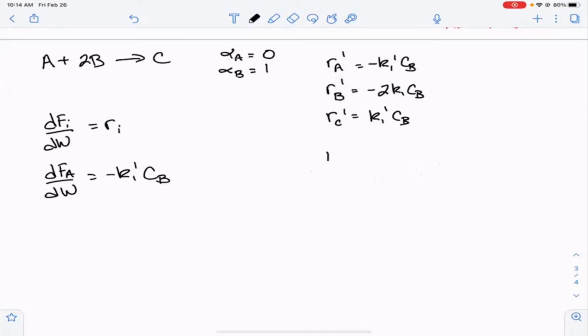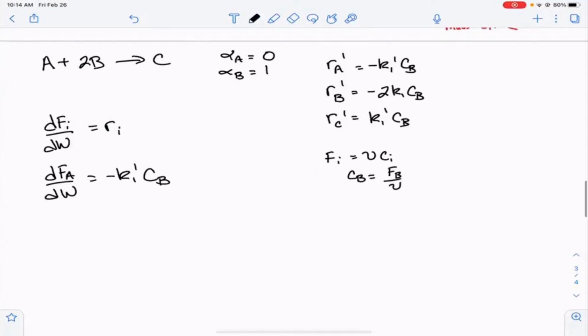Now we know that the flow rate of some species i is equal to the volumetric flow rate times the concentration of that species. So I'm going to use that and substitute that the concentration of B is just the flow rate of B divided by the volumetric flow rate.